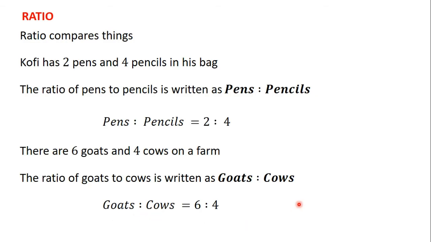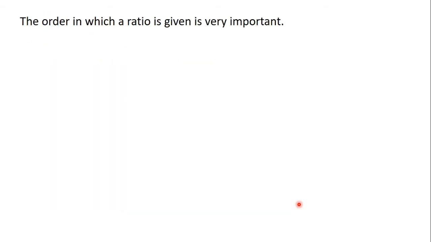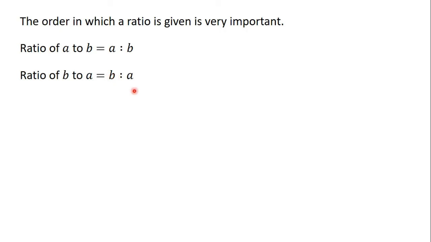Let's learn more about ratios. The order in which a ratio is given is very important. Now, this is what I mean. The ratio of A to B is written as A is to B, and the ratio of B to A is written as B is to A. So in a ratio, the first quantity comes first, the second quantity comes second.